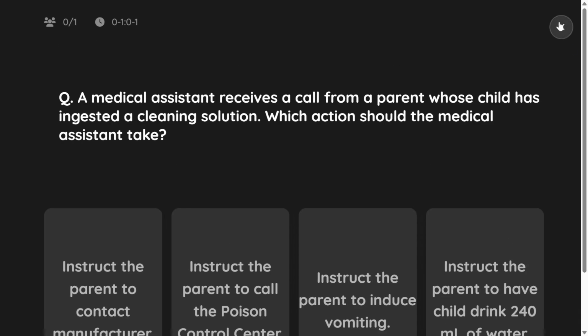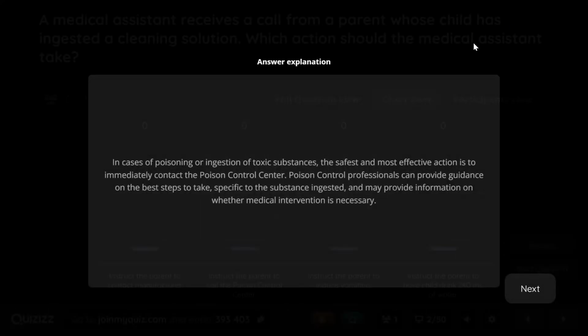What would you recommend? In this situation, you would want to contact the Poison Control Center. So in cases of poisoning or ingestion of toxic substances, the safest and most effective action is to immediately contact the Poison Control Center. Poison control professionals can provide guidance on the best steps to take specific to the substance ingested, and they may provide information on whether medical intervention is necessary.